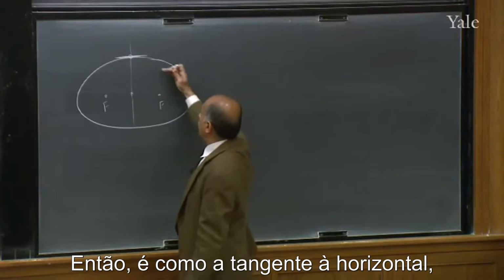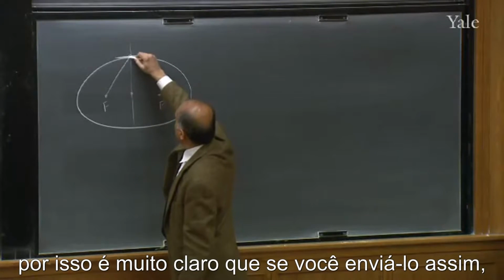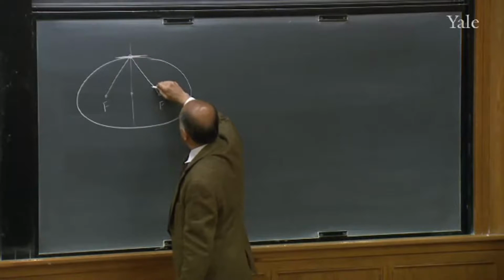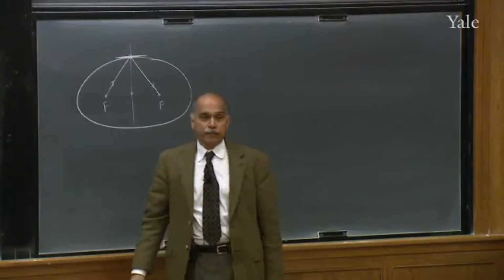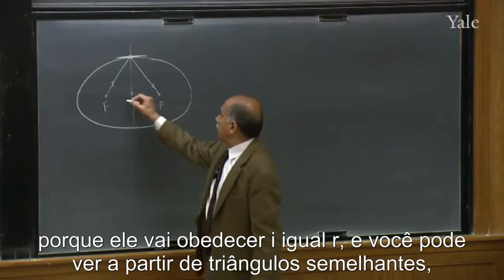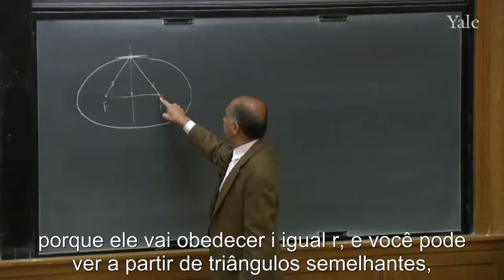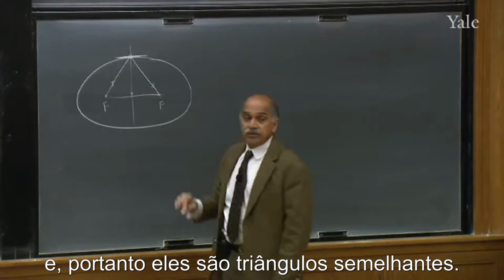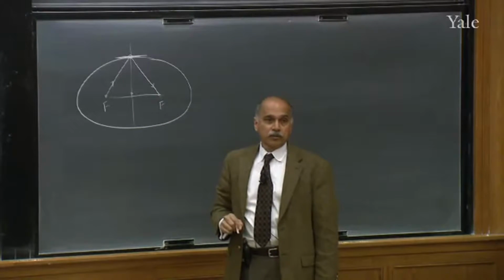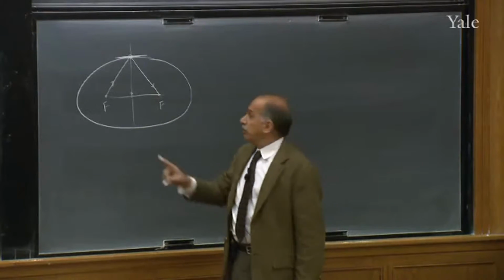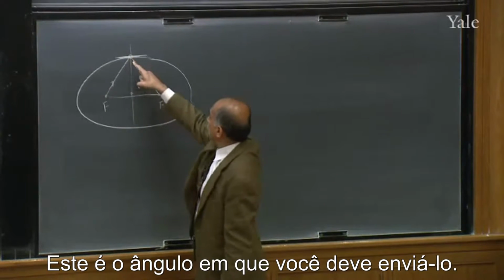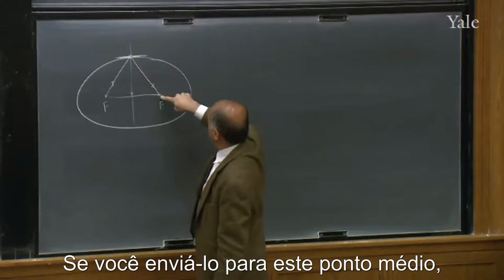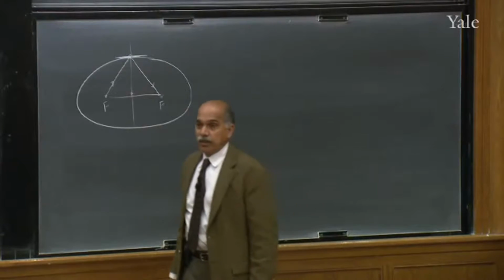So it's like a tangent to the horizontal. So it's very clear that if you send it like that, it'll end up here, because it'll obey I equal to R. You can see from similar triangles that this distance and that distance are equal, and therefore they're similar triangles. Are you with me? This is the angle at which you should send it. If you send it to this midpoint, by symmetry, it'll come to the other focal point.